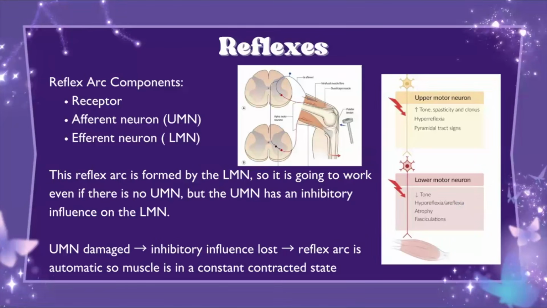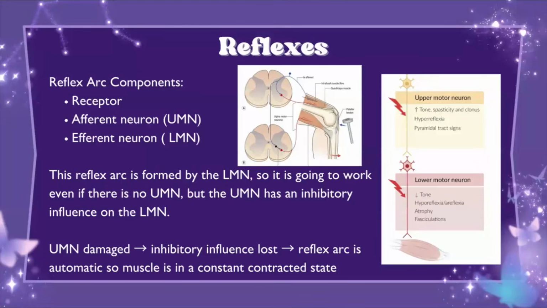Now, we said that we would have hyperreflexia, right? When there's an upper motor neuron lesion. Why does this happen? Let's talk about the reflex arc components first. We have the receptor, we have the afferent neuron, and we have the lower motor neuron. The reflex arc, as we mentioned, is formed by the lower motor neuron. So it is going to work even if there is no signal coming from the upper motor neuron.